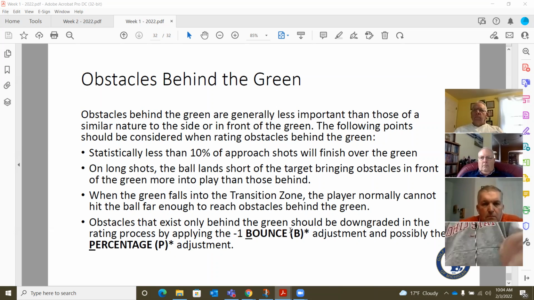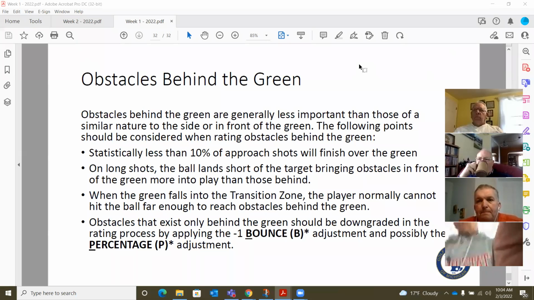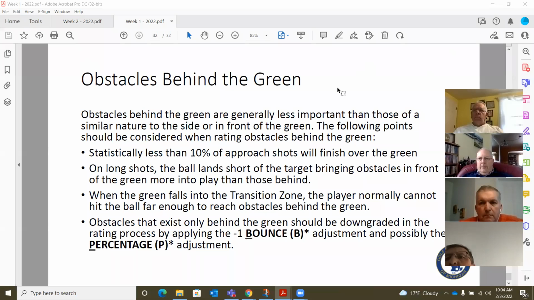In the discussion we had after people left, if there's something in front of the green and you're purposely trying to hit over it, we shouldn't be discounting over the green in that scenario. You're only going to apply the B minus automatically if the only obstacle is behind the green.